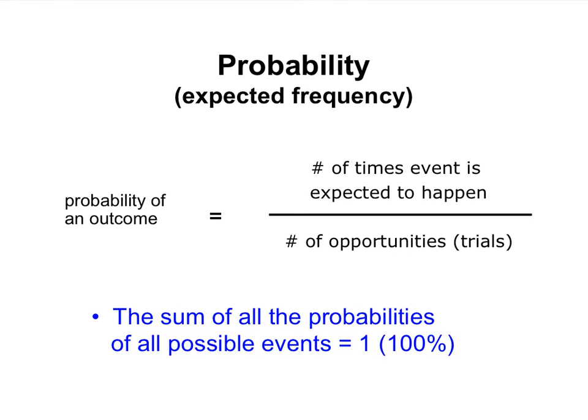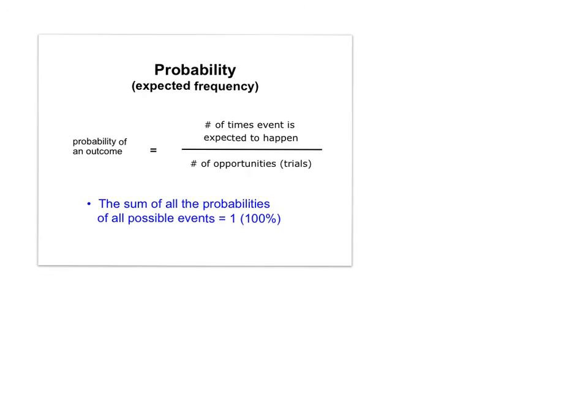When we're looking at expected probability, you're thinking about how many times we expect something to happen and how many opportunities there are. A Punnett square looks at that by defining the total possibilities as 4.